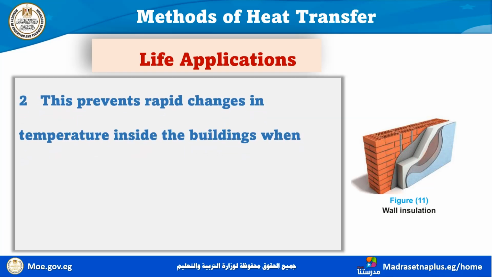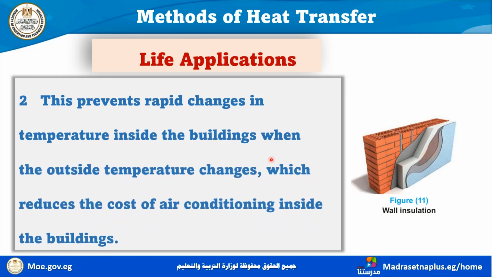These prevent rapid changes in temperature inside the buildings when the outside temperature changes, which reduces the cost of air conditioning inside the building. Of course, to control the temperature inside any building, we use the air conditioner.